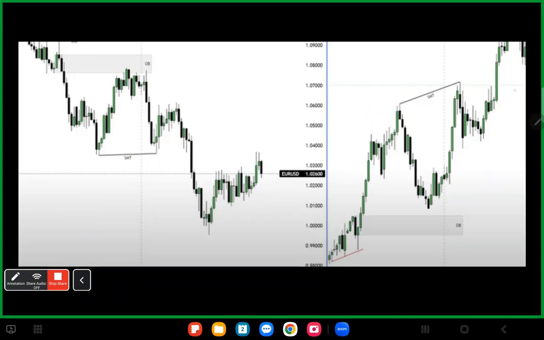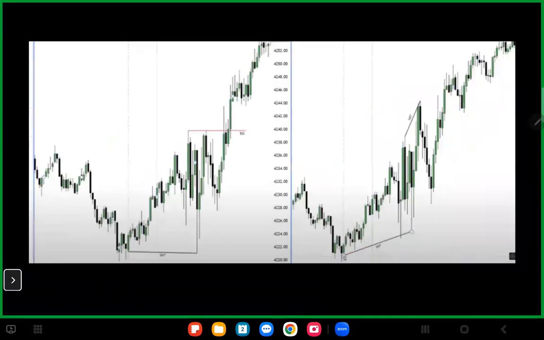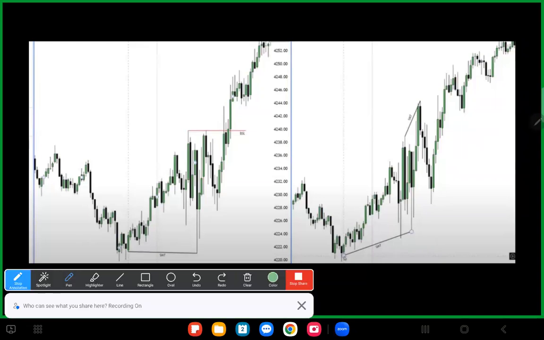Now let's take a look at what SMT looks like amongst directly correlated asset classes. All right, so this is NASDAQ, and then this is ES or S&P. As I mentioned earlier, when one is going higher, we expect the other to also go higher because they're directly correlated.